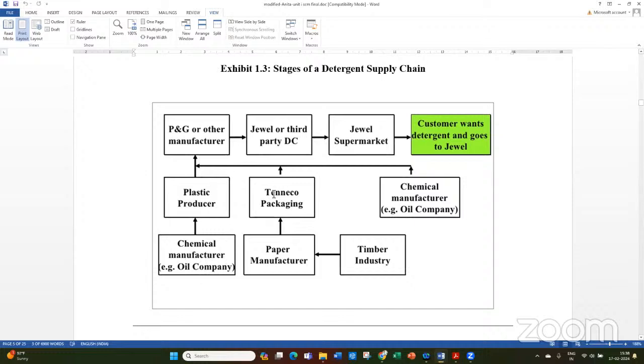This supply chain is linked to the chemical manufacturing supply chain. This is linked to the packaging or paper manufacturing supply chain. So there are three supply chains in there: plastic or chemical manufacturing, plastic producer, then paper supply chain. These three supply chains are going to be inputs to the Procter and Gamble supply chain to produce.